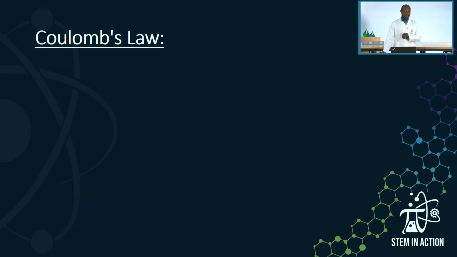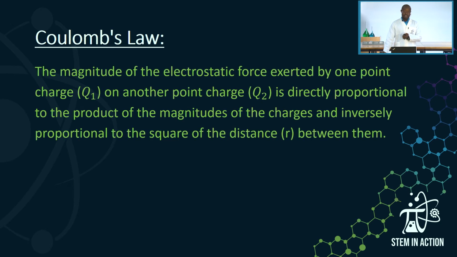The Coulomb law states that the magnitude of the electrostatic force exerted by one point charge Q1 on another point charge Q2 is directly proportional to the product of the magnitudes of the charges and inversely proportional to the square of the distance r between them.